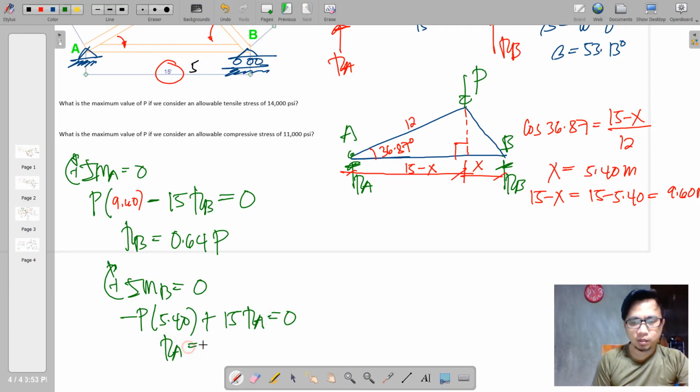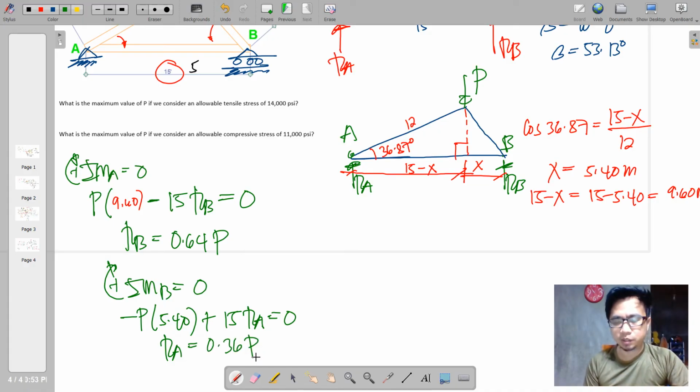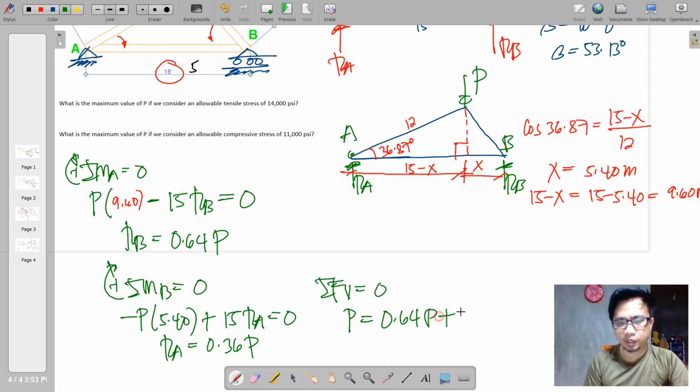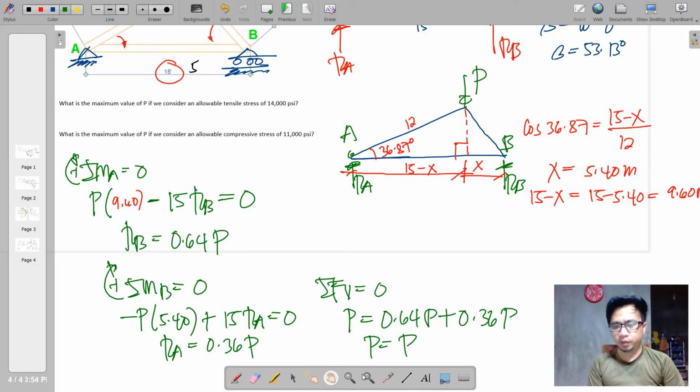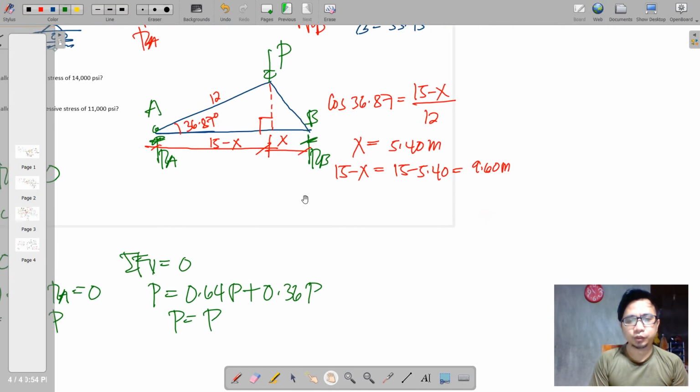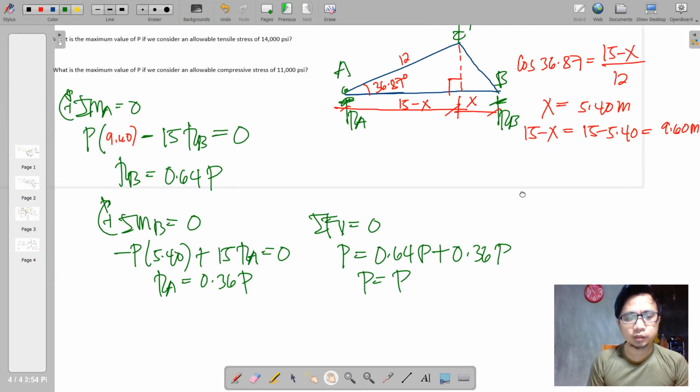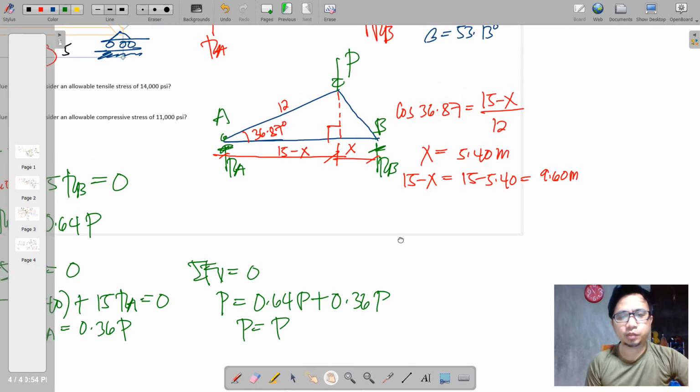So RA shall be equal to 0.36 of P. So of course, as a check, all the downward force is just equal to P, and the upward forces are 0.64 of P and 0.36 of P, so therefore we yield equilibrium along the vertical axis. So now we are ensured of our reactions. RA is 0.36 of P and RB is 0.64 of P.